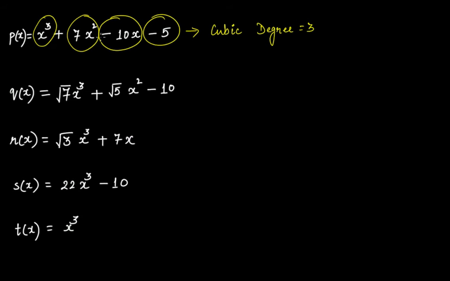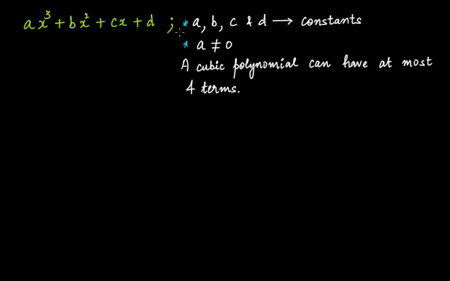Here x cubed is actually 1x cubed, so 1 is a, 7 is b, minus 10 is c, and minus 5 is d. A, b, c and d are constants.